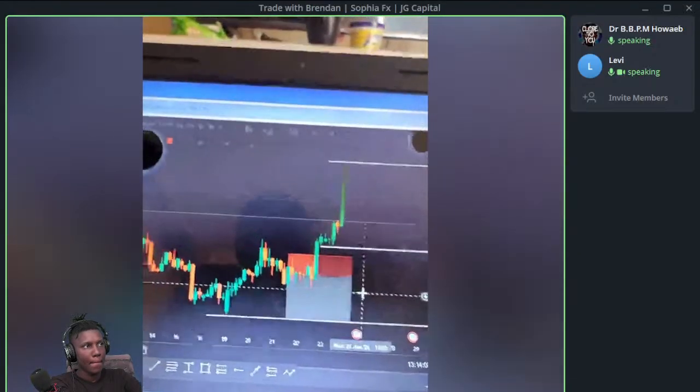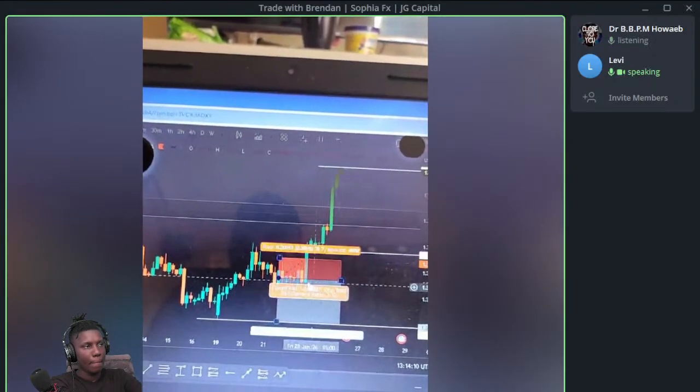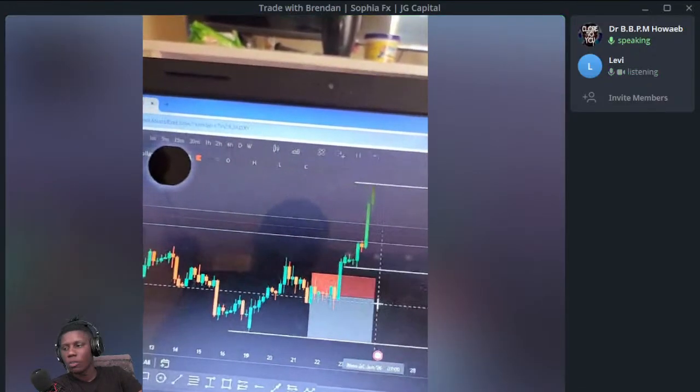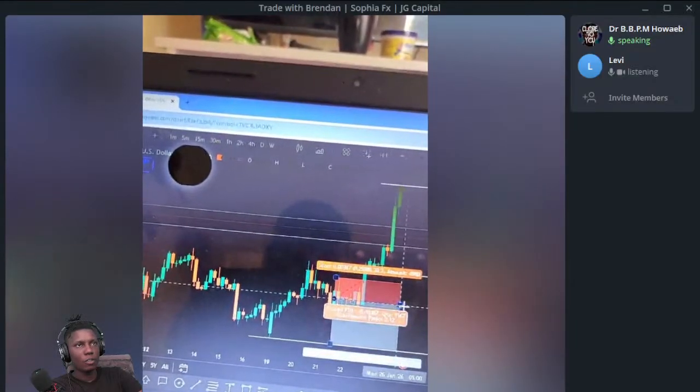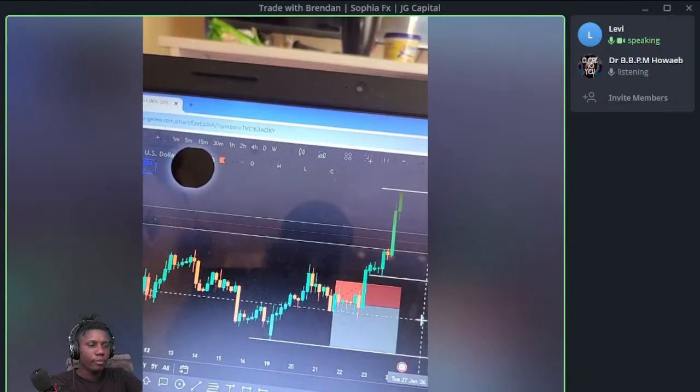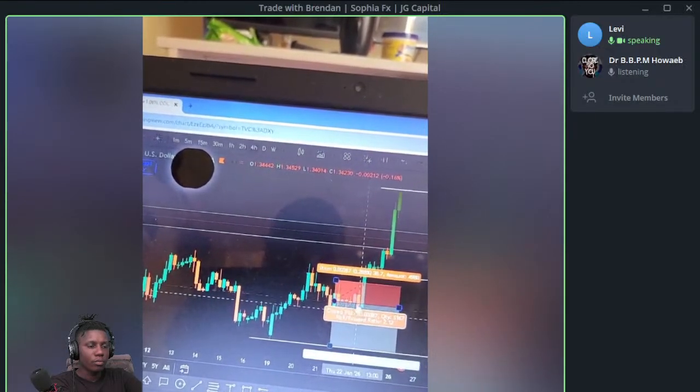I added another one, and unfortunately I was just taken out. Yeah, I scaled in. This is the reason I scaled in, because of this candle.